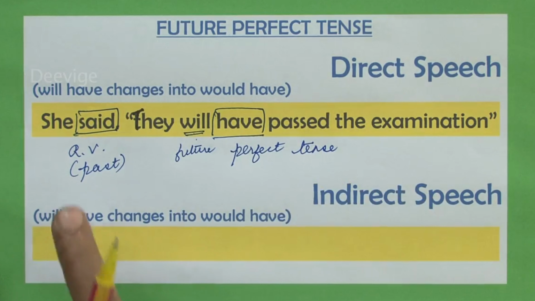Since the reporting verb is already in the past tense, this will change into past perfect. The will change into would. Would indicates past tense. Have indicates present tense. So from the future perfect tense, you will be changing it into past perfect tense. So how are you going to write this?